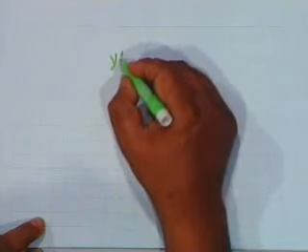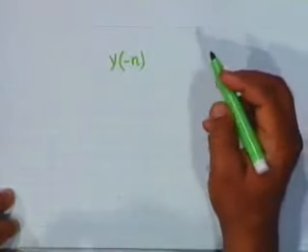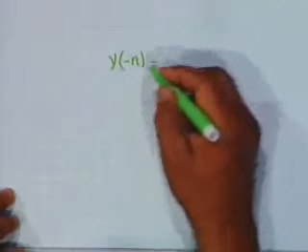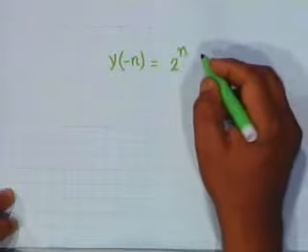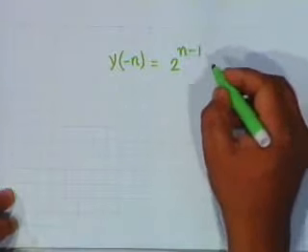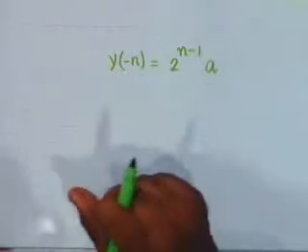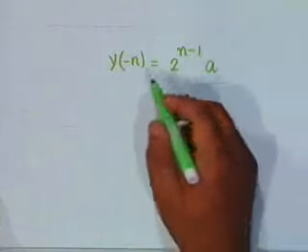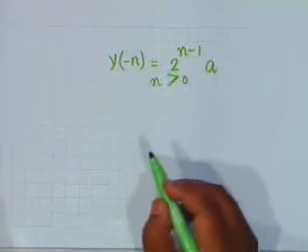And if I continue this, then I get y of minus n as equal to 2 to the power n minus 1 times a. Agreed? What is the value of n? I have already taken y of minus n, therefore n is greater than 0. I have already taken minus n.